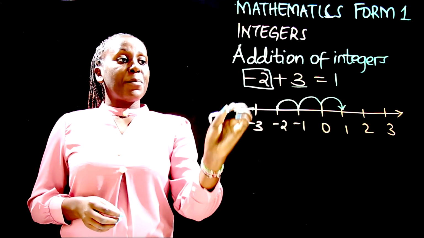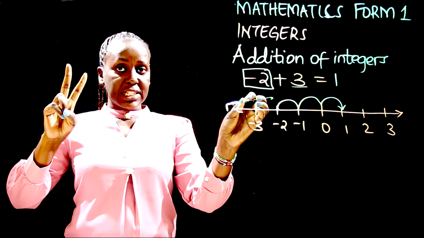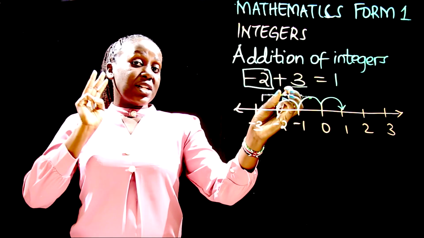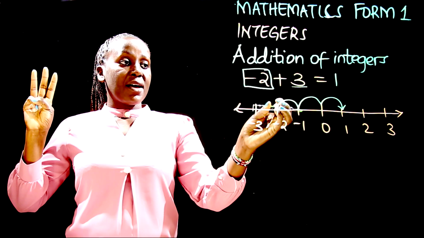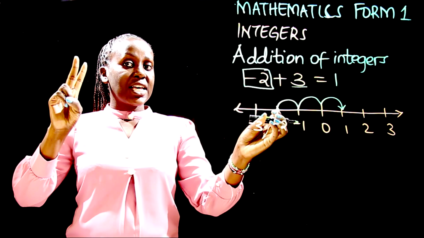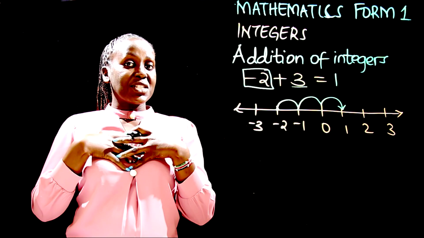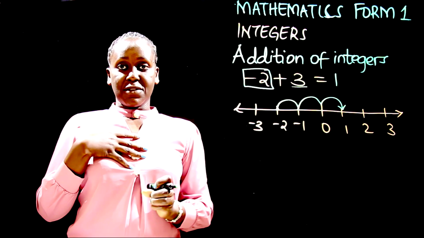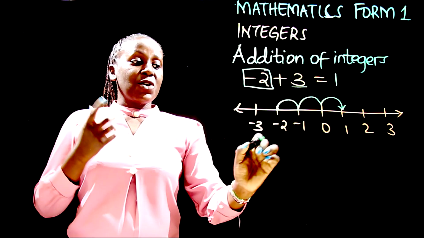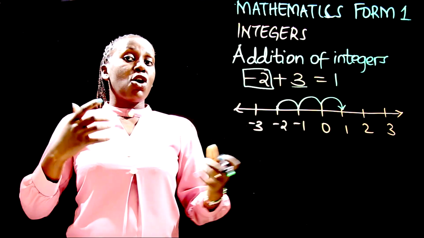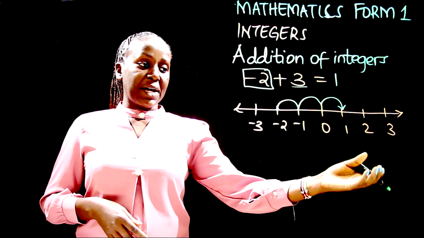Then with you, you have 3 shillings. So you will need to pay the shopkeeper how much? 2 shillings. And then you'll be left with 1 shilling. And if it is you who is left with it, then it is positive. So reasoning out can also help you to get the answer, or you can use the number line.